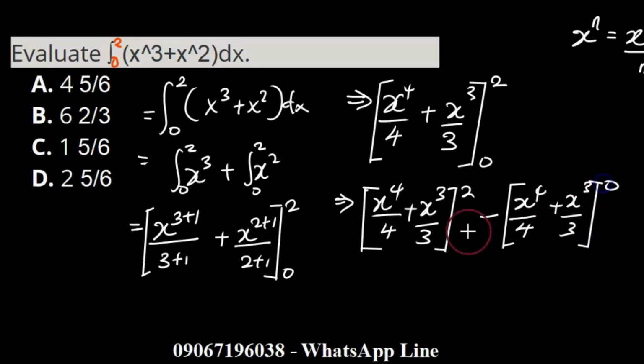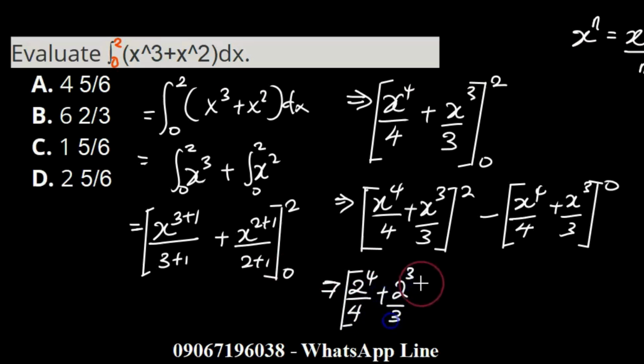Okay, at this point you need to pause the video. What you need to do now is to substitute the value of 2 wherever you see x, and solve this. So moving forward, remember, substituting 2 for the upper boundary, this is going to become 2 raised to power 4 divided by 4 plus 2 raised to power 3 divided by 3.